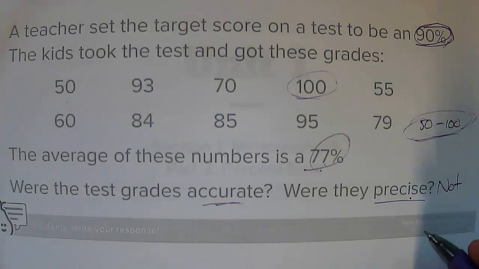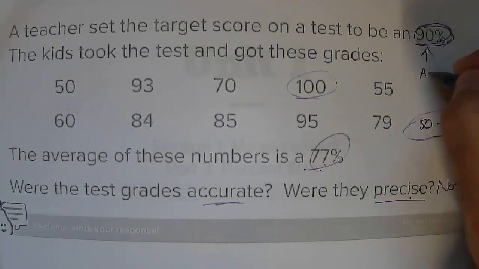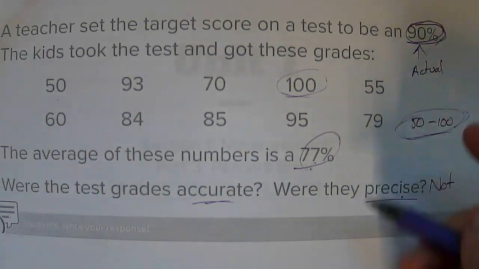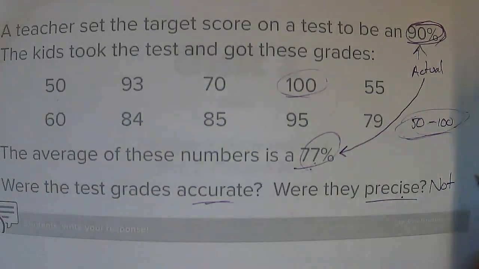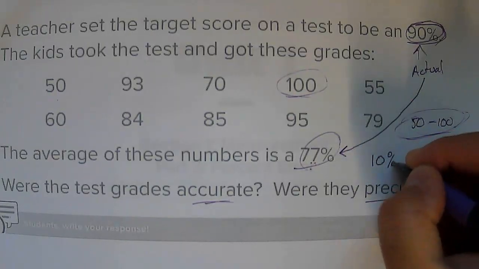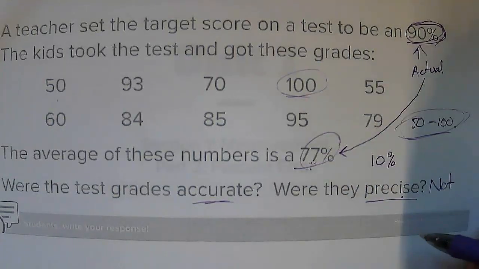And now, to determine accuracy, this is where numbers can be wild. This is what we wanted to be the actual, 90%. And we take the average, and when we compare, we get 77%. So in order for a number to be accurate, the cutoff is about 10%. If there's a 10% difference between the numbers, then it's probably not accurate.